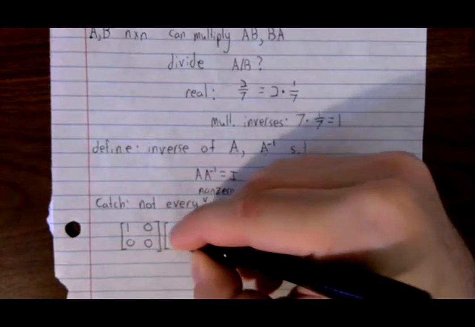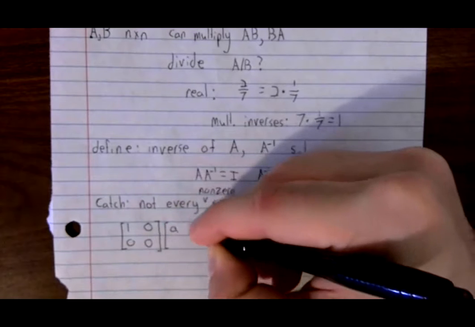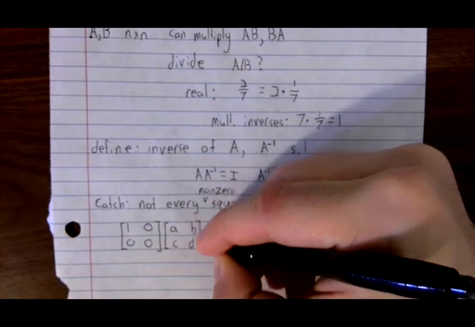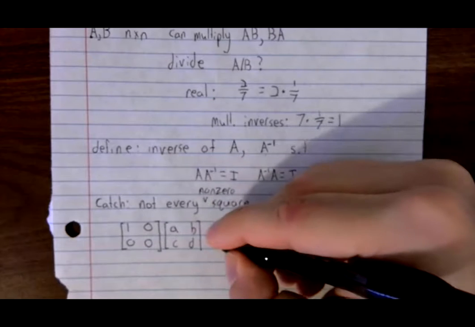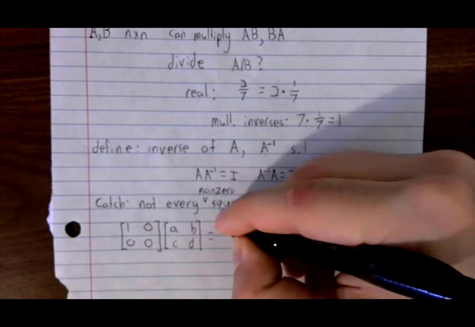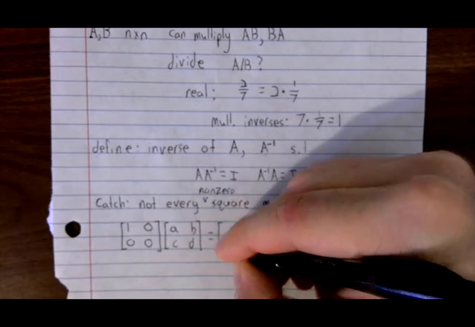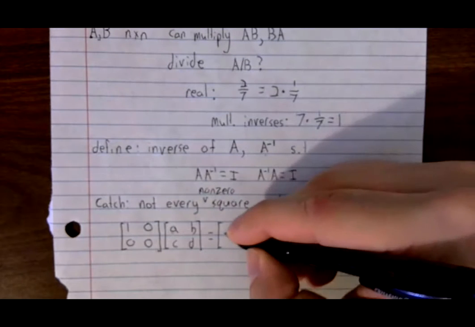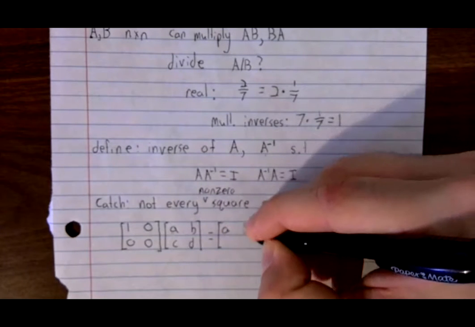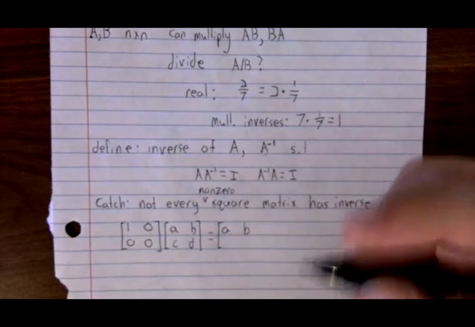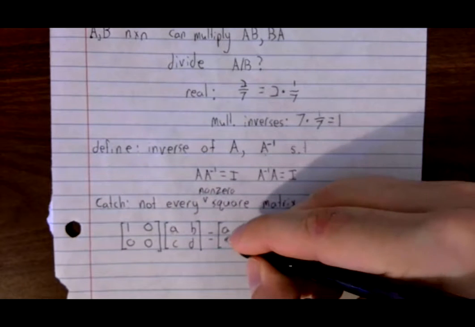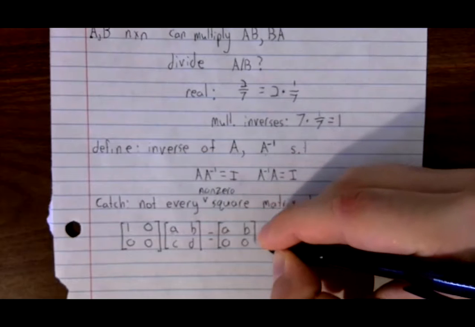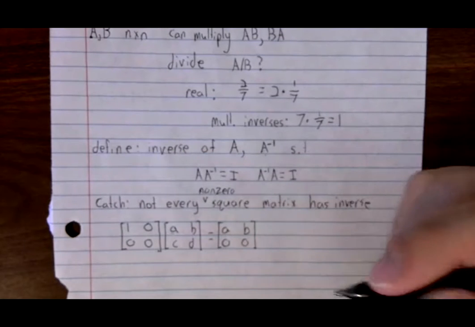If we multiply this by another matrix, it leaves the upper row alone, but turns the bottom row to 0.